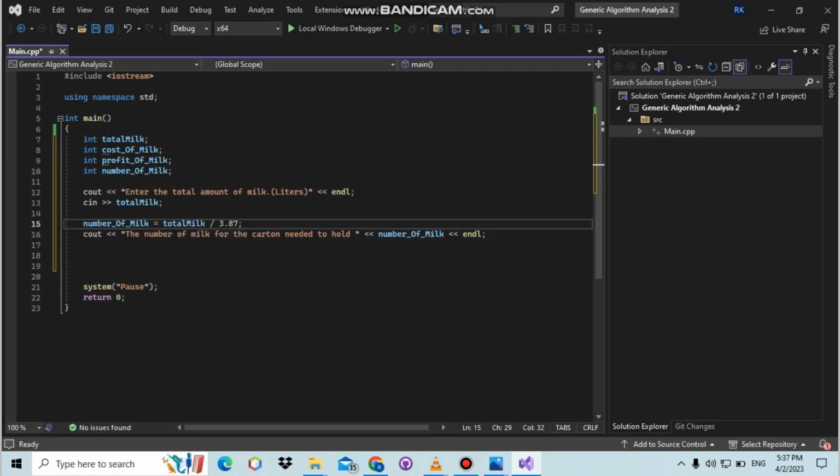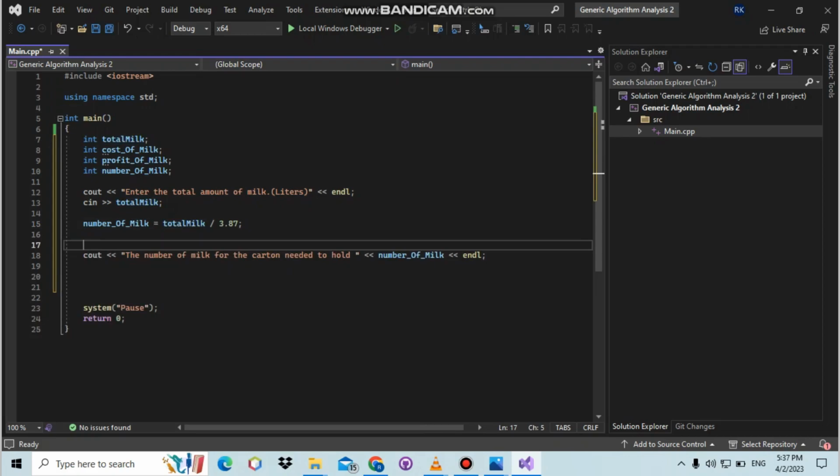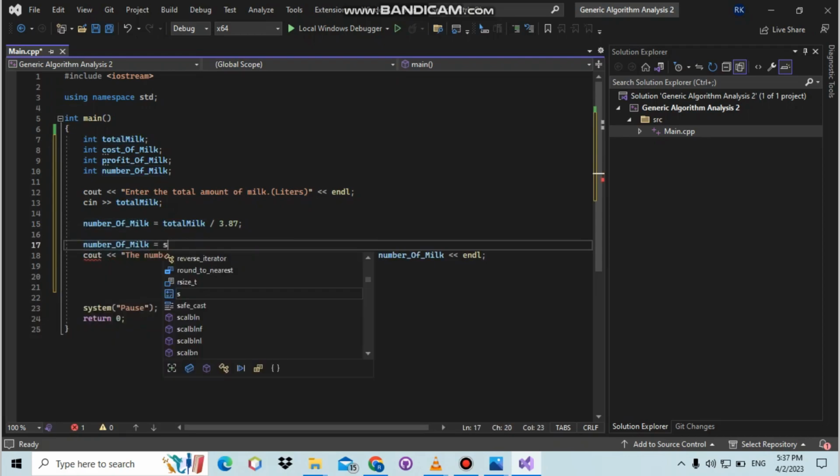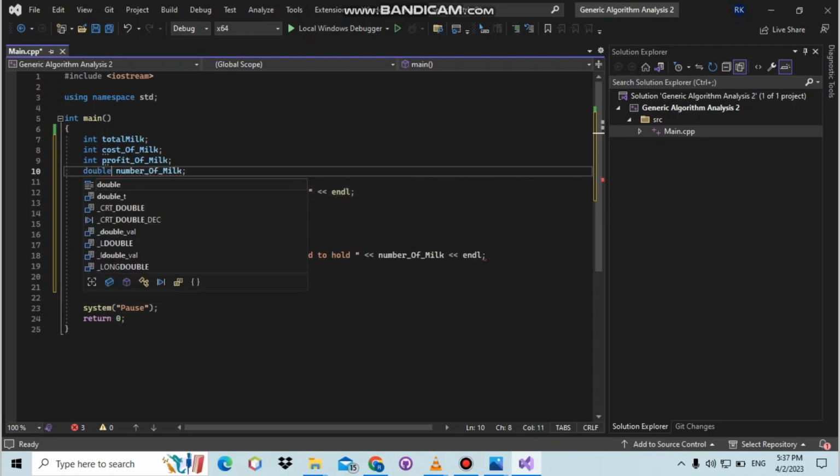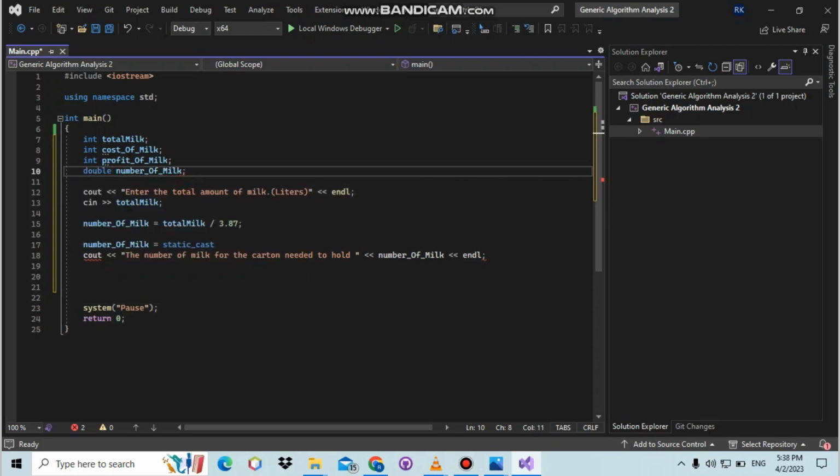Awesome. So what's happening is that in these calculations here, we'll store the result in the number of milk, but there needs to be a conversion here. We have to use static casting to convert this into an integer. Let me just make this into a double. I want to change it into an integer.